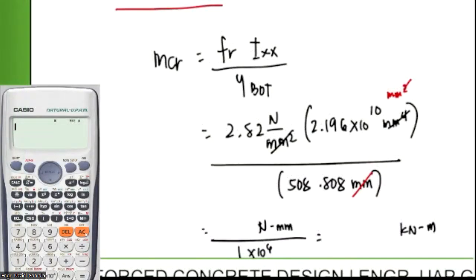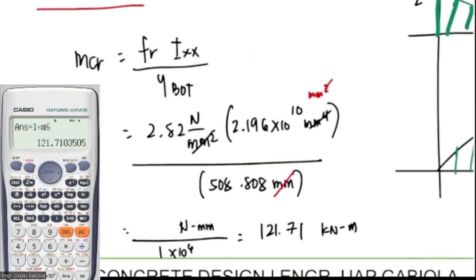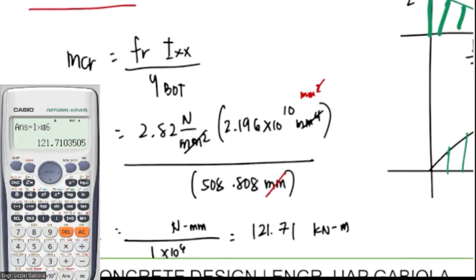So we have 2.82 times 2.196 times 10 to the 10 all over 508.808, then let us divide that by 1 million. So we have 121.71 kilonewton meter. This is the capacity of the concrete itself.